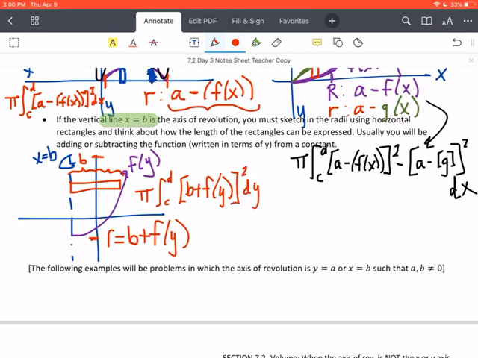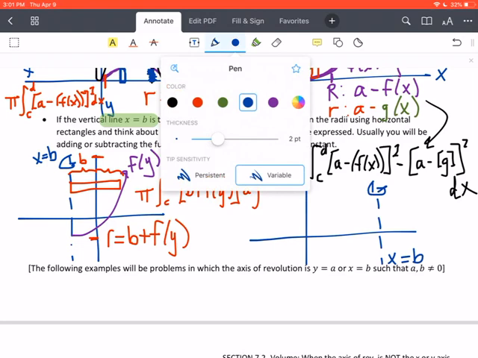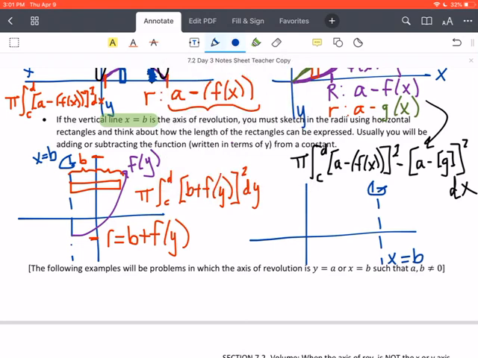Okay, so then on the other hand though, if we look at another example, maybe I will put the axis of revolution on the opposite side in this case. So here we have x equaling b, and maybe our first function is a linear function, and that is f of y. And then our second function that they're looking at is a parabola, and that's g of y.